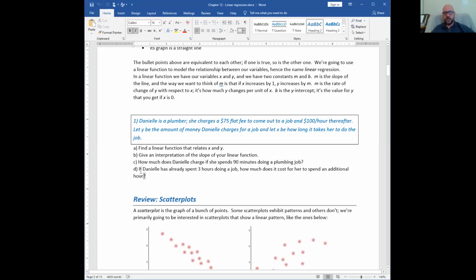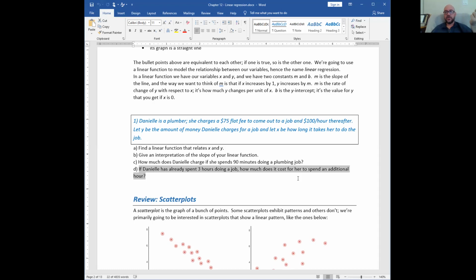And this question is a little bit confusingly worded, but not hard to think about, right? So let's say she's already been out there 3 hours doing some disaster of a plumbing job. How much does it cost for her to spend an additional hour? Well, she charges $100 for every hour. So every additional hour costs the same, right?